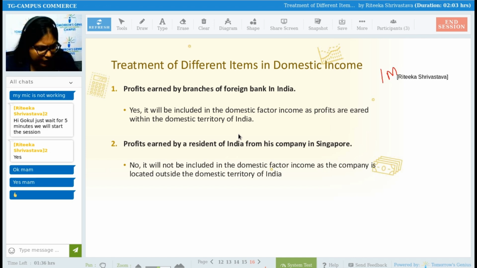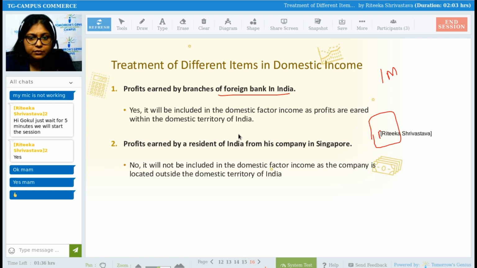These are mostly expected for 1 mark type questions. Okay. Profit earned by branches of foreign bank in India. This is India. There is one foreign bank, and this foreign bank has profit. So will it be included under the domestic income? Carefully think. We are talking about domestic income.